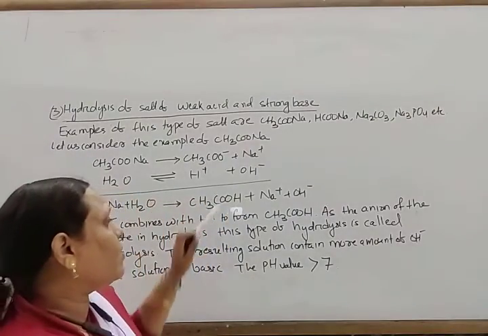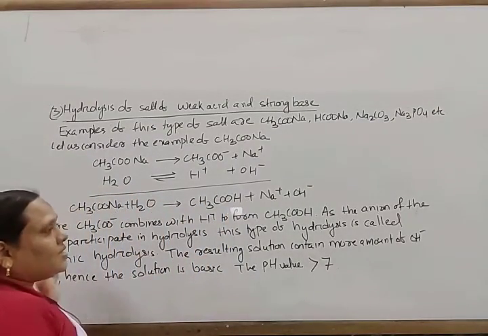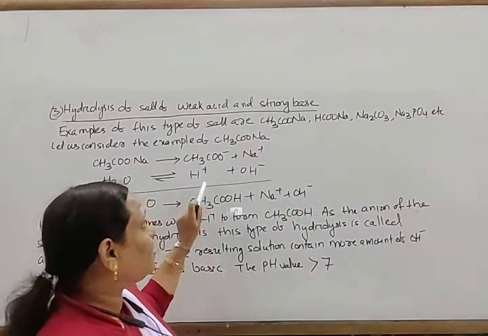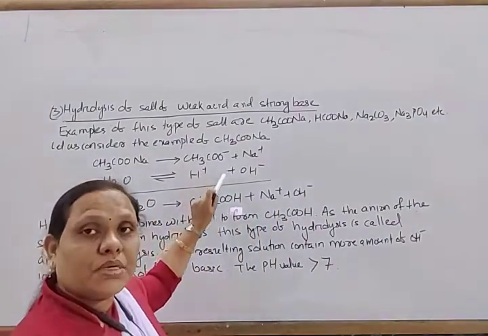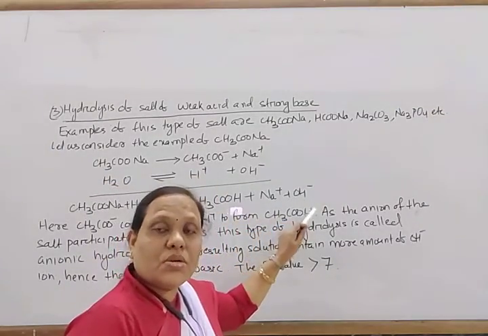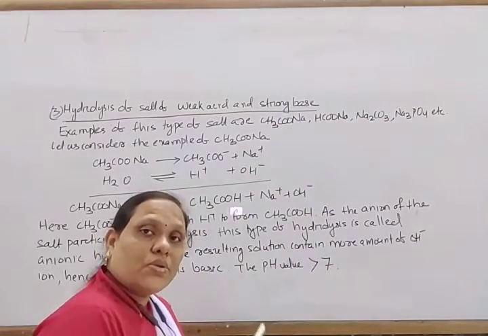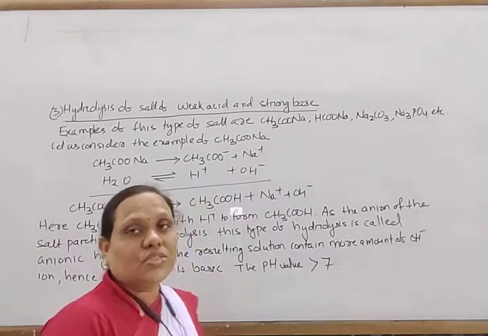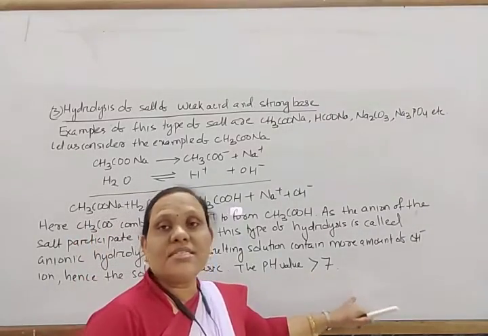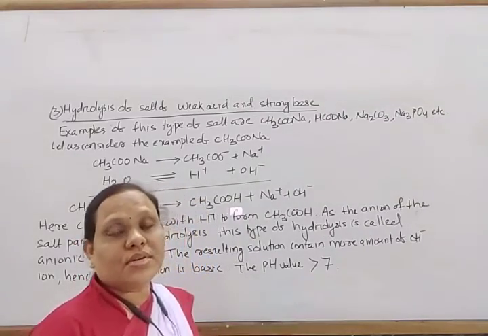And as the H+ ions are used up in the formation of acetic acid, the resulting solution contains more OH- ion. So this solution is basic in nature and the pH value is greater than 7.